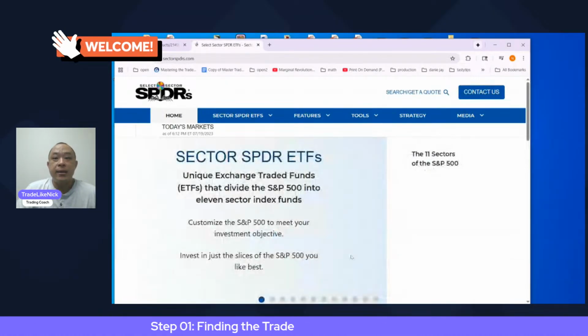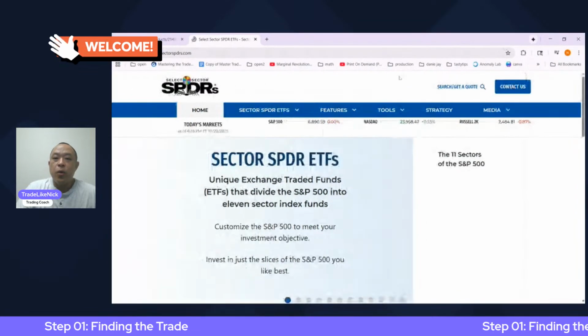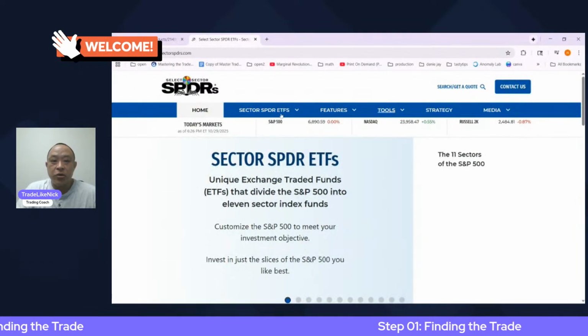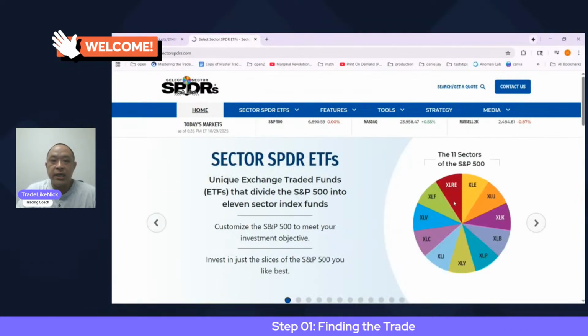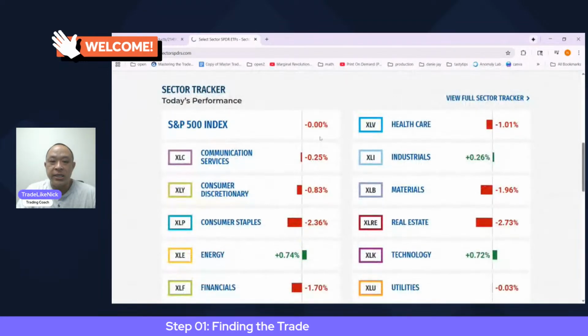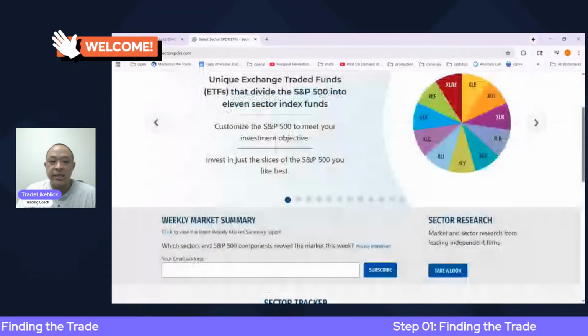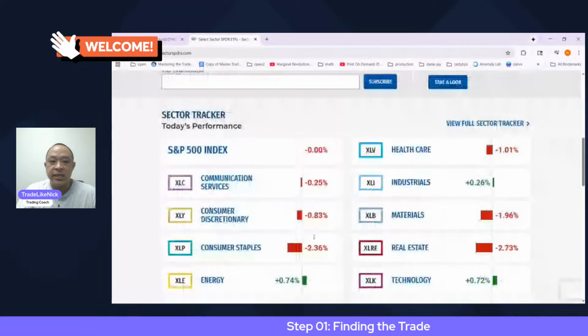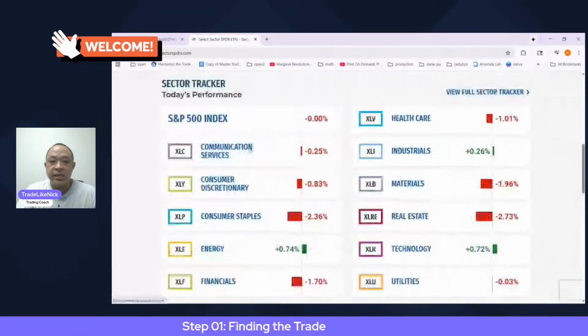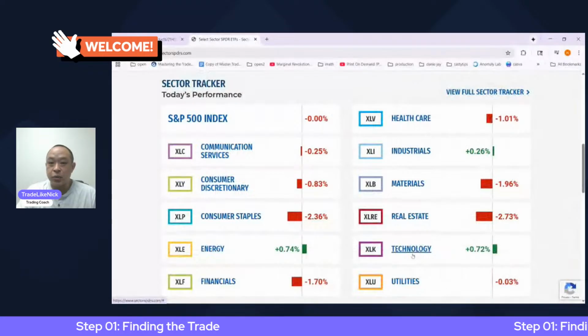And if you go here, the one area that I always like to go to first is the homepage. This quickly gives me a snapshot of how the overall market did that day and what sectors did well. And you can easily say, the technology sector was up today.